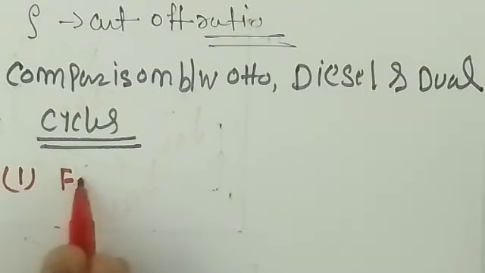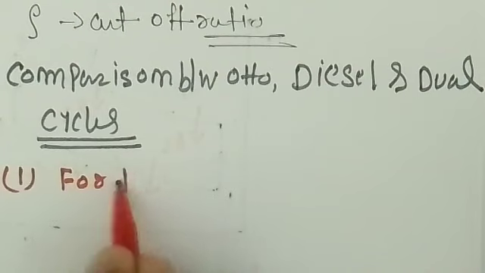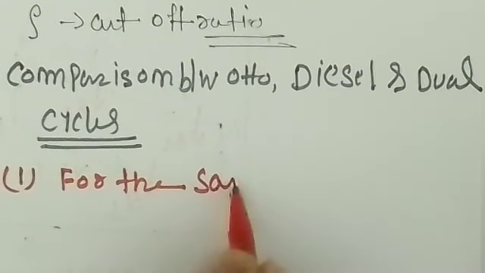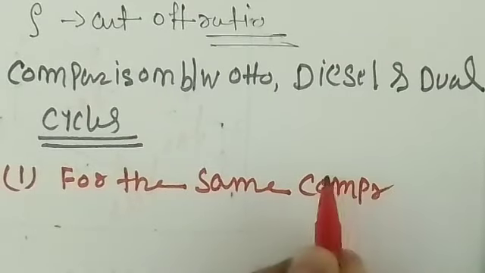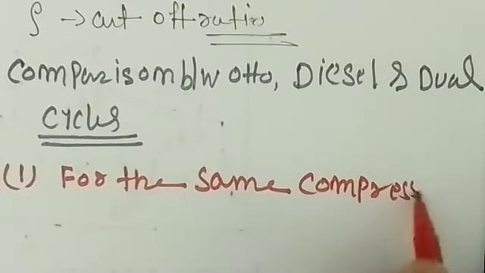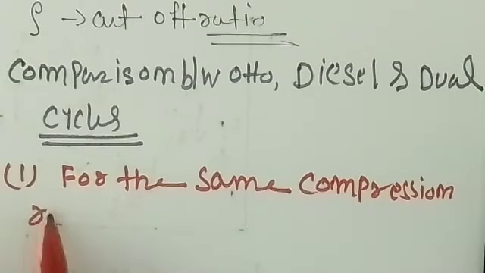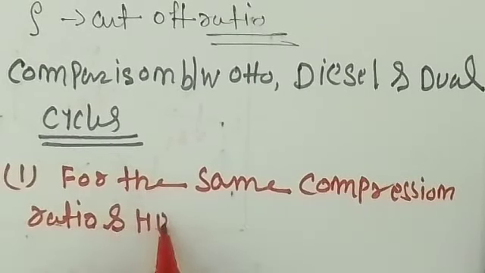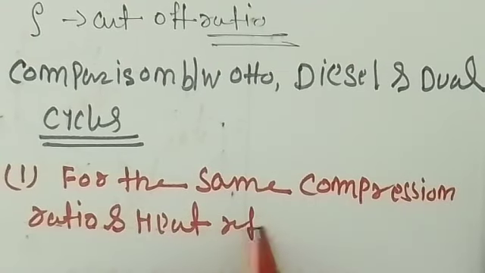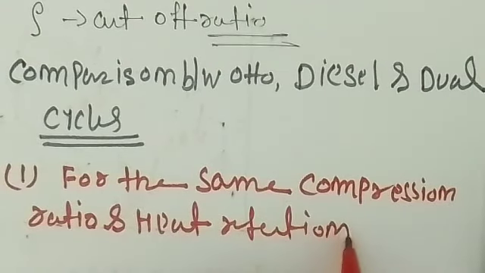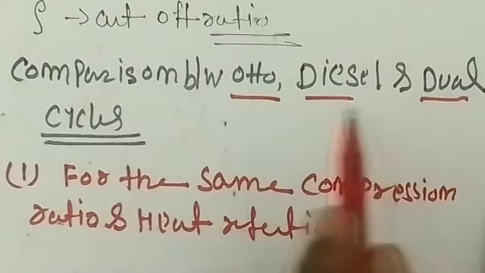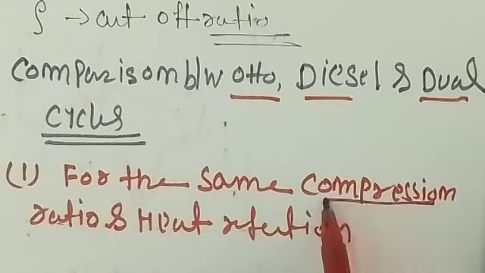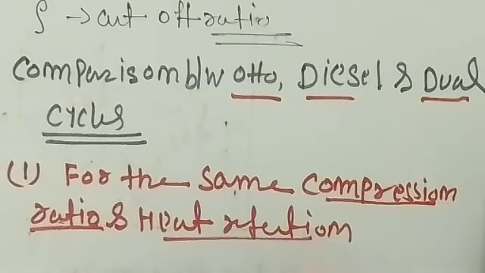The first comparison is for the same compression ratio and heat rejection. All three cycles, Otto, diesel and dual, have the same compression ratio and the same amount of heat rejection.